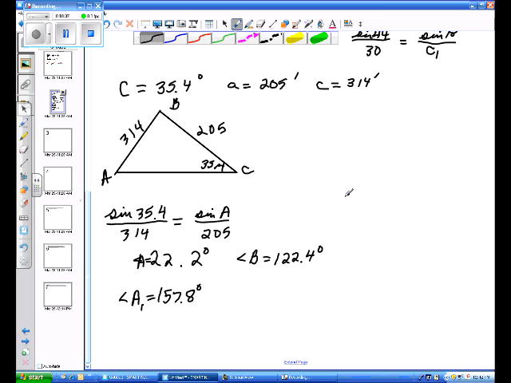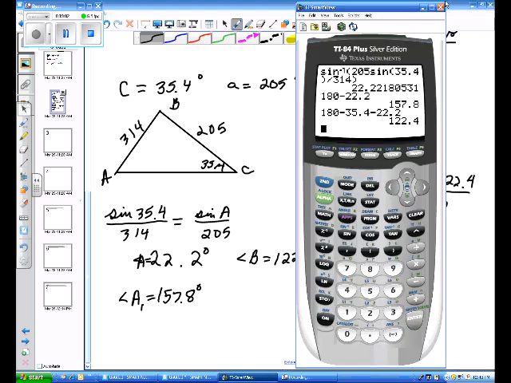And I can find side B. So I'll set it up. The sine of 35.4 is to 314 as the sine of 122.4 is to B. So we will get the product that we can.